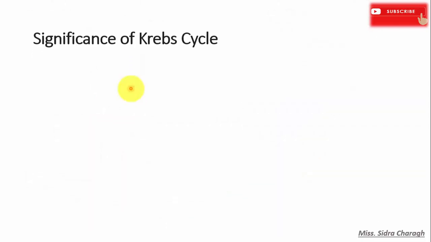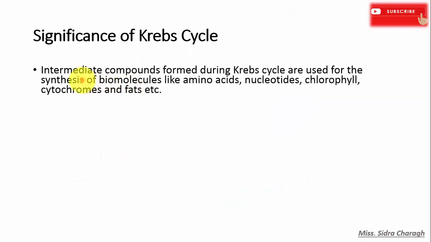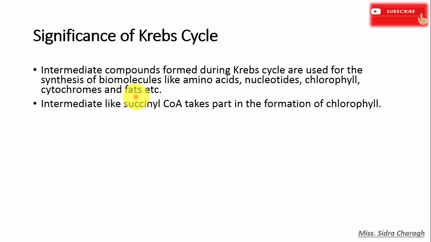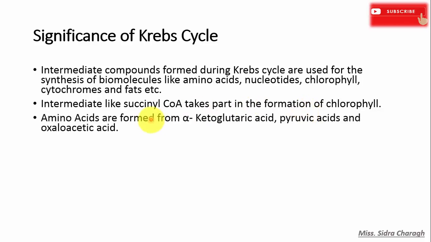The significance of the Krebs cycle is that intermediate compounds that form during the cycle are used for the synthesis of biomolecules such as amino acids, nucleotides, chlorophyll, cytochrome, fat, etc. An intermediate like succinyl-CoA takes part in the formation of chlorophyll, and amino acids are formed from α-ketoglutarate, pyruvic acid and oxaloacetic acid.